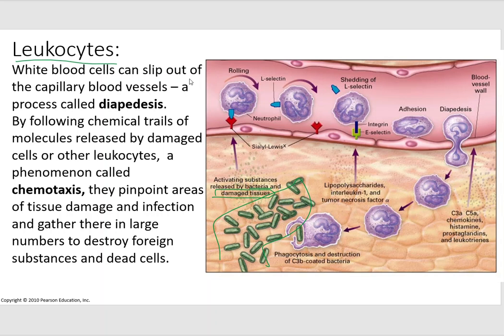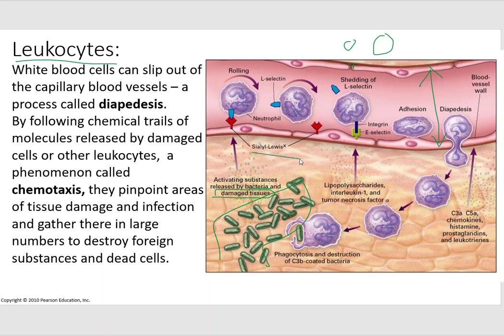So what's going to happen, when this happens, we're going to get inflammation. This blood vessel right here, this capillary, is going to open up. In other words, it's going to get bigger in diameter, and these cell gaps between the cells making up the walls are going to get a little wider.